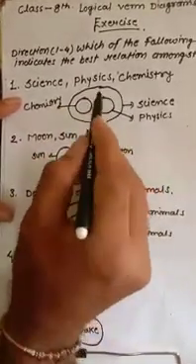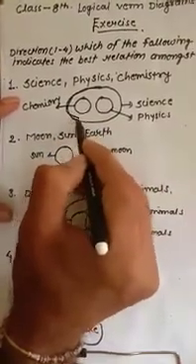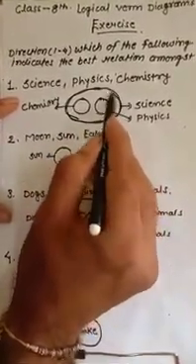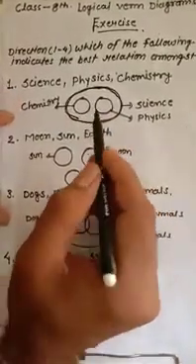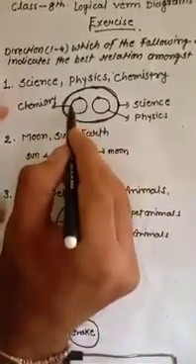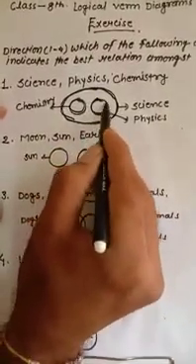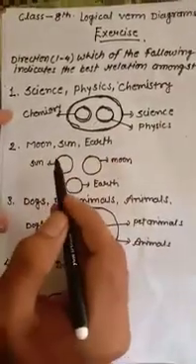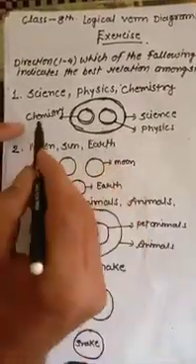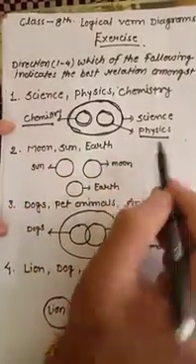This kind of Venn diagram will represent science, physics, and chemistry in the best way. How? We'll discuss. We are representing chemistry here, and physics here, but both are coming in a bigger circle. Why is it so? Because chemistry is a different subject, physics is also a different subject.